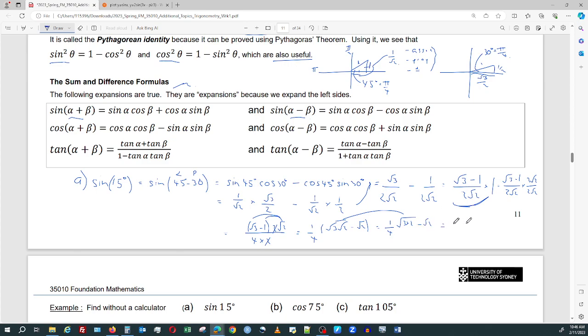And so the final answer we can get is 1/4 times root 6 minus root 2. You have to leave those because they're not the same family. Okay? So that's your final result. That one would have been okay. I think they'll want you to put it in that form.